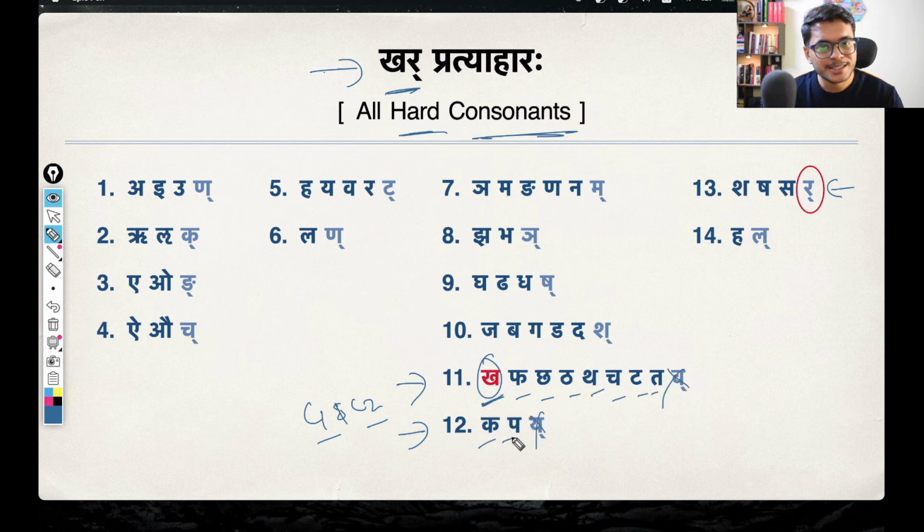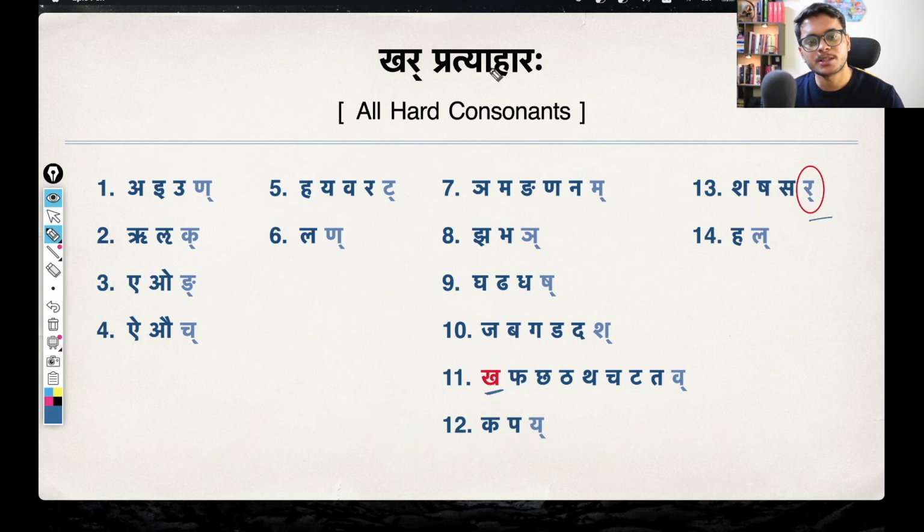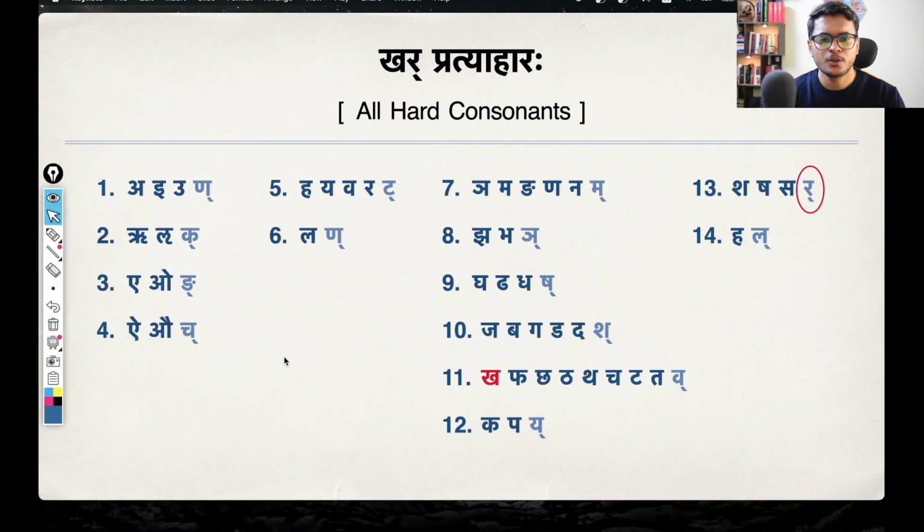So all these are the second and the first Vargiya Vyanjan, and then you have the 3 sibilants, sha, sha, sa. So you can see this khar pratyahara represents all the hard consonants. And where do we see the use of this group of letters? Again in sandhi like charto sandhi. The sutra is khari cha. In that sutra, you see this pratyahara khar because we are representing all the hard consonants. Okay, so far so good.